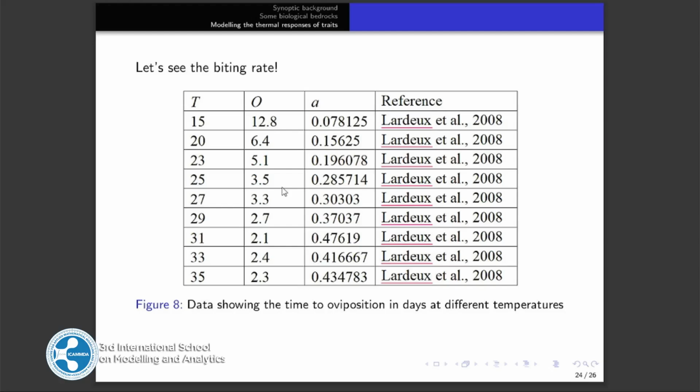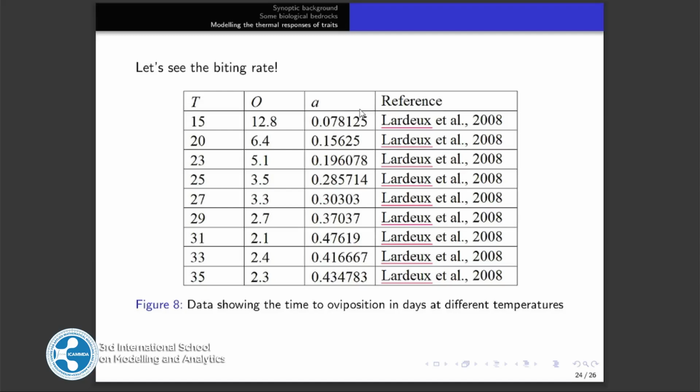So you can use the reciprocal of that number of days, 1 over that number of days, as a proxy to calculate the mosquito biting rate. Are we following now? All right, and that is what this A here represents. If you find 1 over all of these, you are going to have all of this in this place. This data, you can find in the work of Mordecai et al.